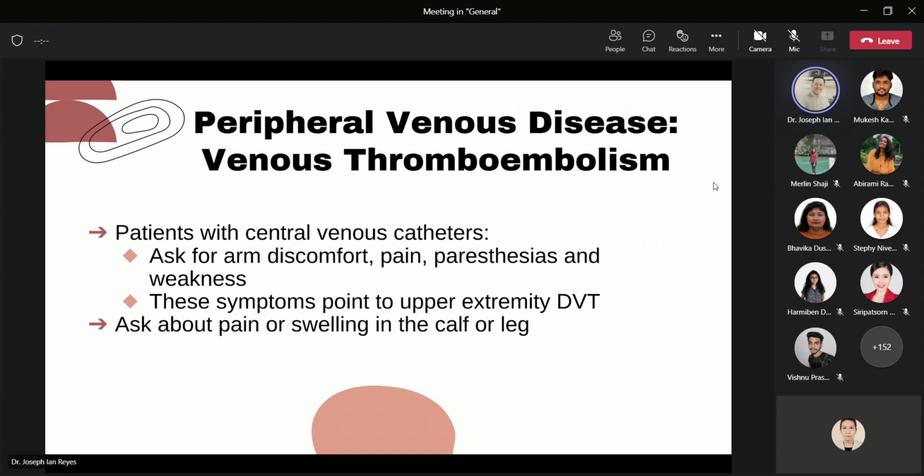Most patients are asymptomatic, with thrombosis detected on routine screening. Then for pain or swelling in the calf of the leg, you as a physician should ask your patients, because patients would mostly disregard that symptom.